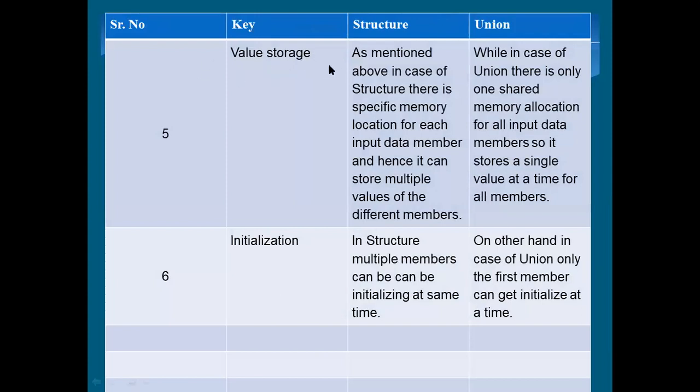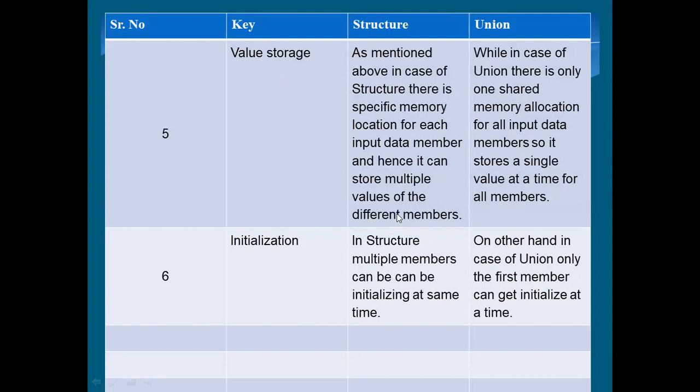Value storage: in the structure, for each member a separate memory location is allocated, whereas in the union they share a single memory location. So in the structure we can store multiple values, but in the union we can store only a single value at a time for all members.